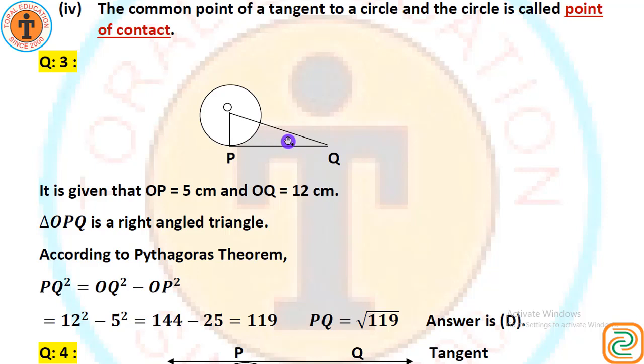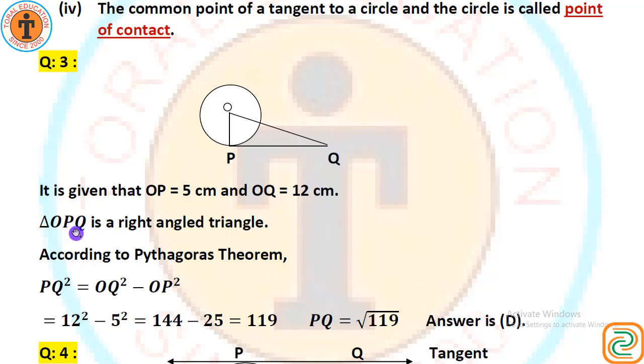A line through the center O meets the tangent at point Q, so that OQ is 12. OQ is 12, OP is 5. Now we would like to find the length of PQ.